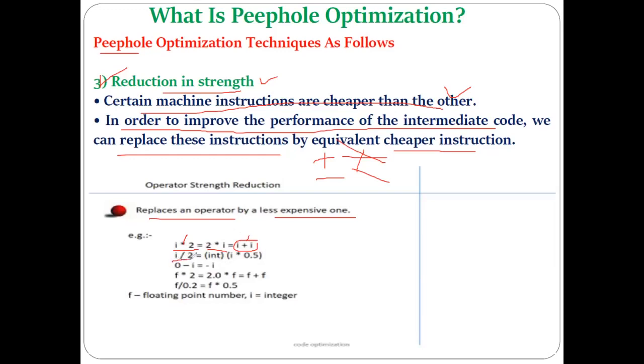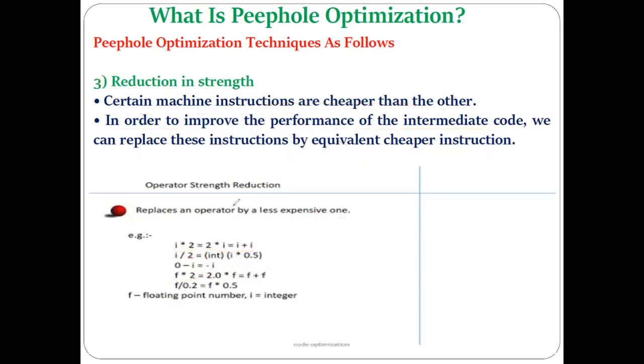Also, you can see i divided by 2. You can simply replace it by i into 0.5. 0 minus i, you can simply write as minus i. f into 2 or 2.0 into f can be written like this. So if the compiler finds this kind of instruction, then the compiler replaces it with the less expensive instruction as I showed.